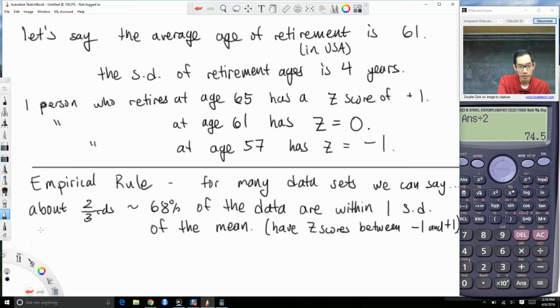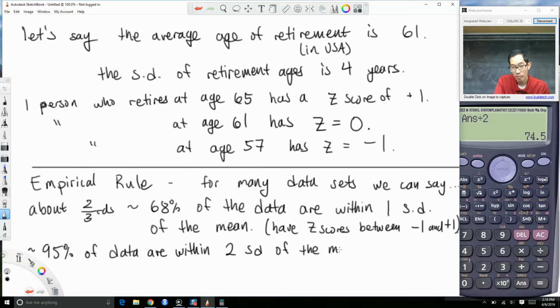We're going to say about 95% of the data are within 2 standard deviations of the mean. Or I can just say z is between -2 and +2.